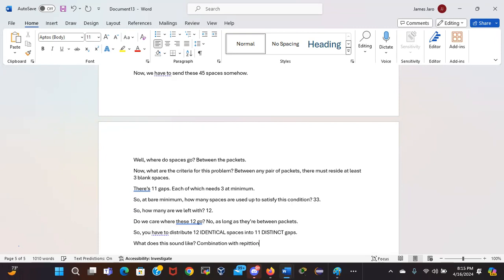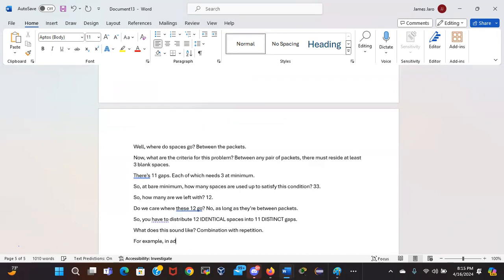Yeah. It could be that, for example, in addition to the 3 spaces we already put, gap 1 can get all 12 remaining spaces. Does that make sense? That's an example that we could include. So we need to calculate how many ways we can do that. Exactly, because it's repetition.